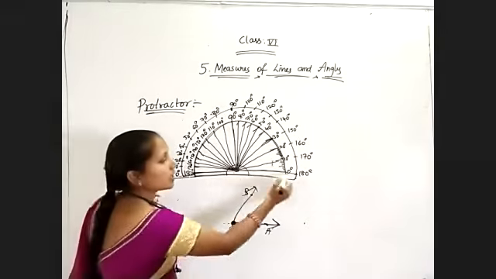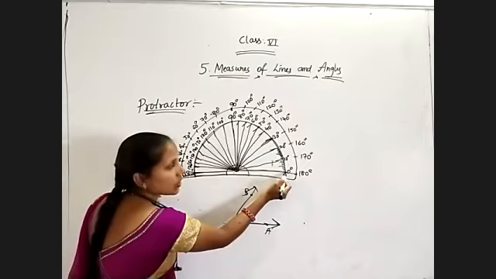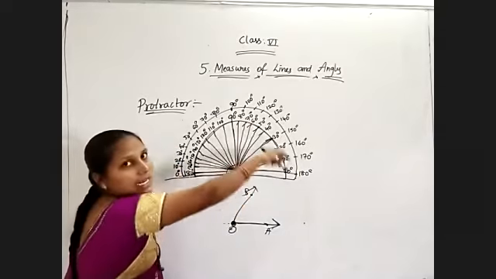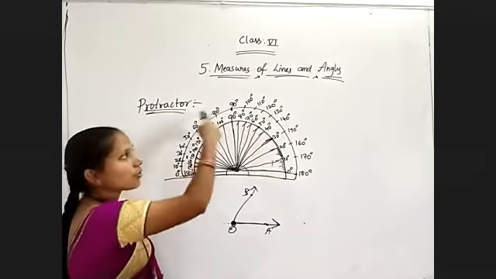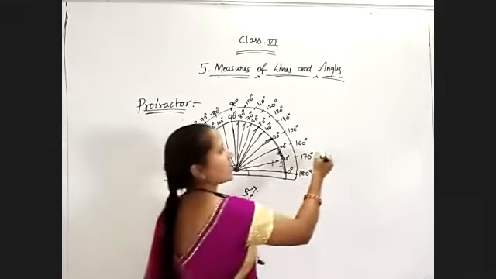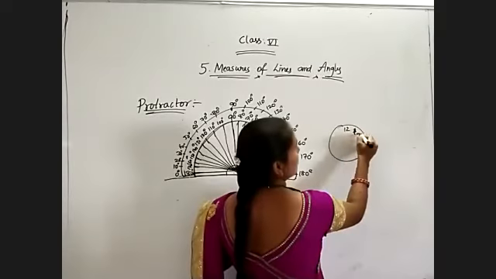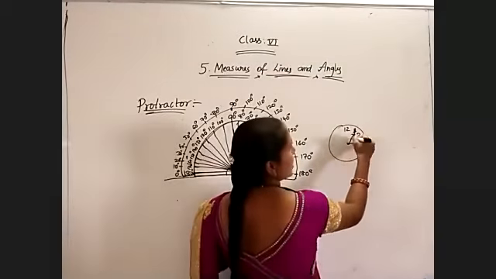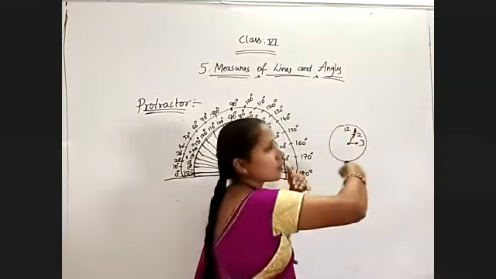Okay, observe this. Now because the arm is at the right side, the right side is 0, where we are getting 0, 10, like this, in anti-clockwise direction. Right to left is anti-clockwise direction, left to right is clockwise. Anti-clockwise, clockwise means, see, the hands of the clock move in this direction, left to right, yes or no?